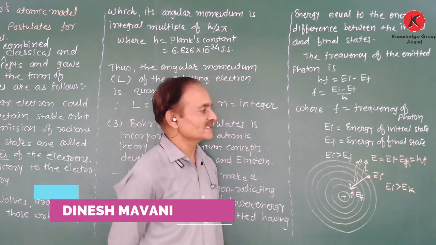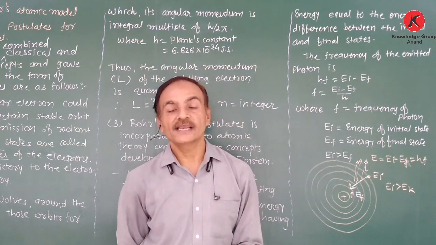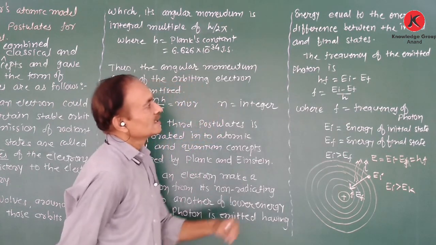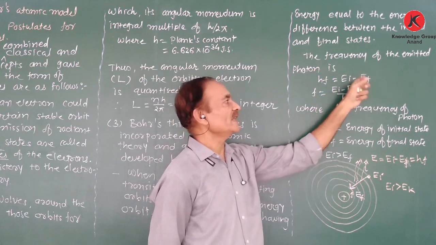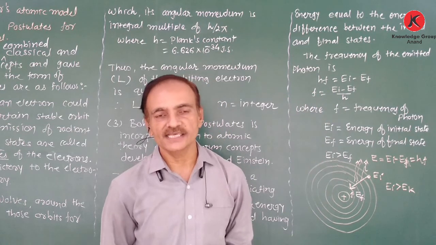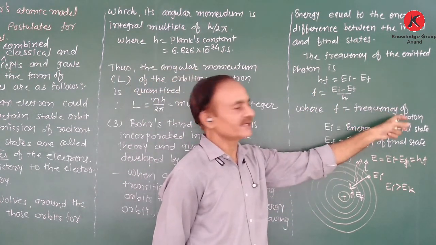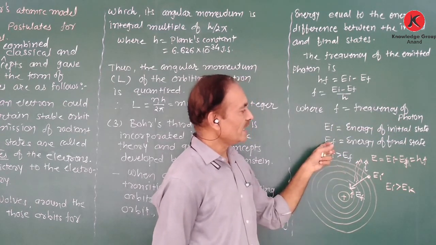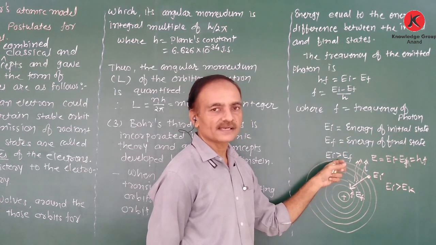Therefore, Ei minus Ef is equal to the energy of the photon. Already we learned that the energy of the photon is equal to hf. Therefore hf is equal to Ei minus Ef, and f is equal to Ei minus Ef upon h, where f is the frequency of the emitted photon, Ei is the energy of the initial state, and Ef is the energy of the final state. Here Ei is greater than Ef.